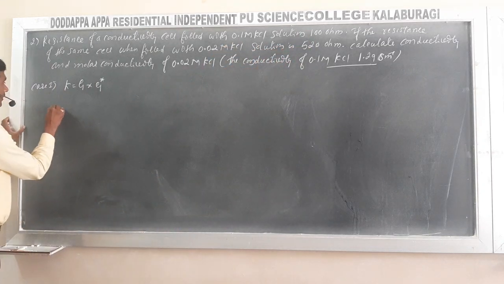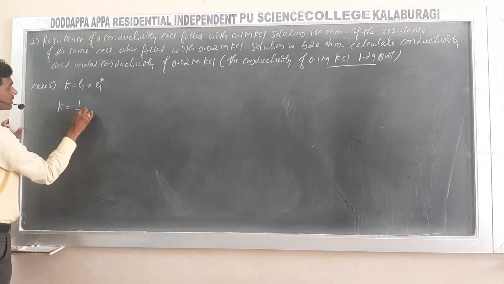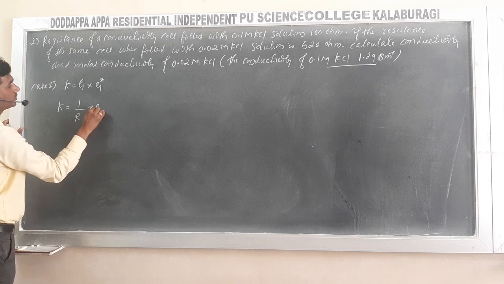Now I can write: the conductivity is equal to G, and G is the reciprocal of R, into G star.